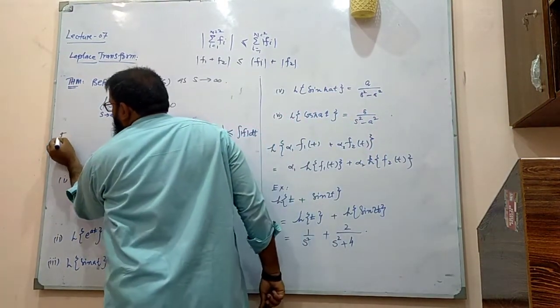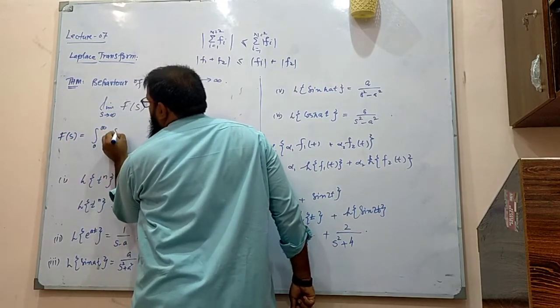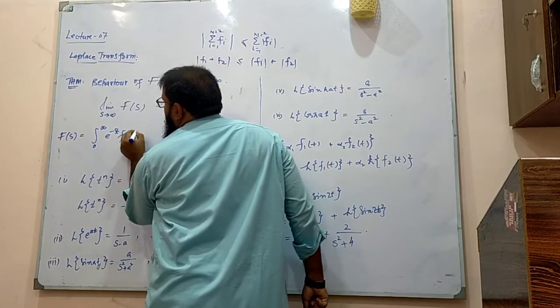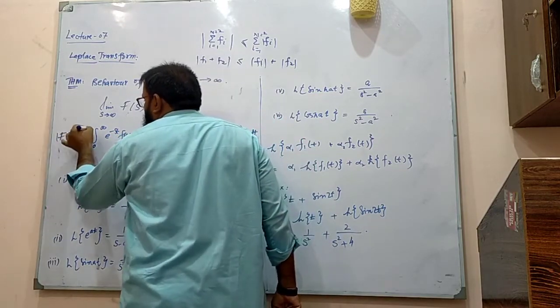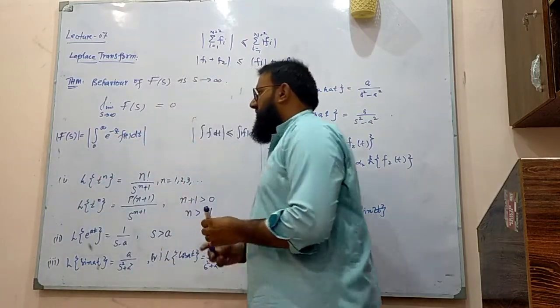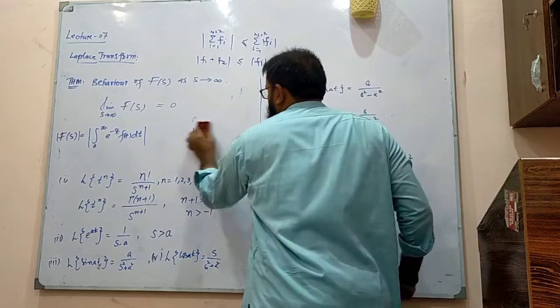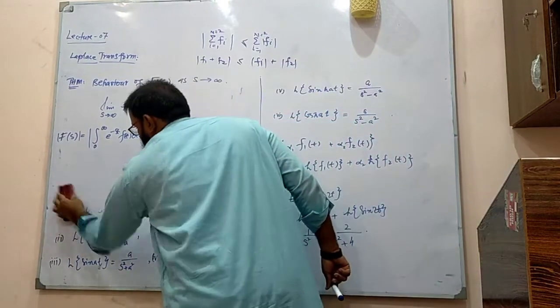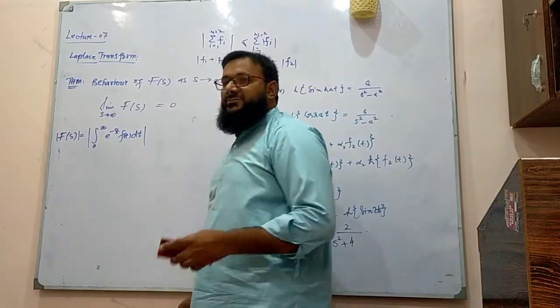So I know very well that F of s is the integral from 0 to infinity of e power minus st f of t dt, and I am taking the absolute value on both sides. Then I claim that, sometimes it is very easy to see short proofs.